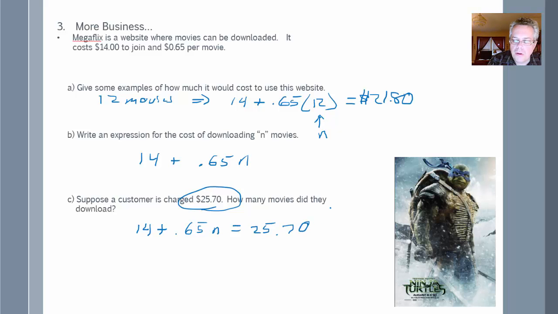All right, and then we just solve. After subtracting 14, we have 0.65n equals 11.70. And now we're going to divide that by 0.65. So if your bill was $25.70, that meant you watched 18 movies.